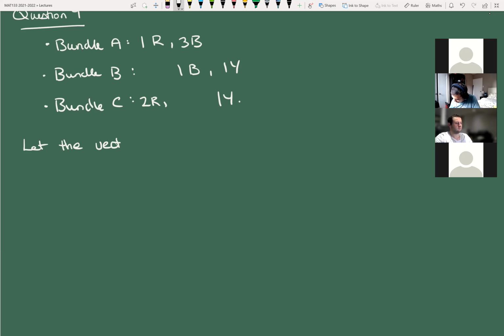Okay, so let the vector RBY denote the number of potions in each bundle.